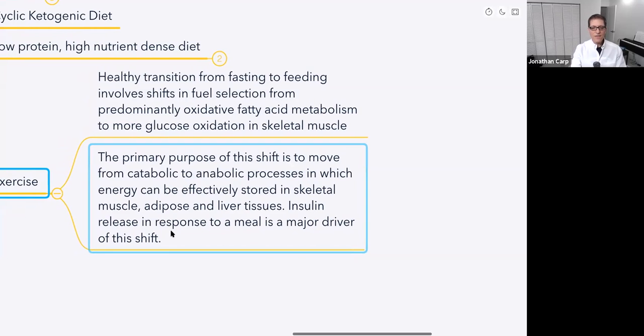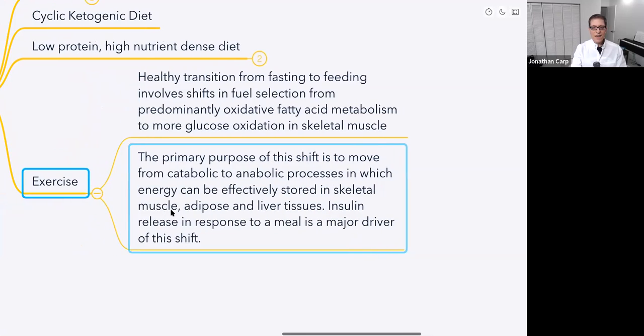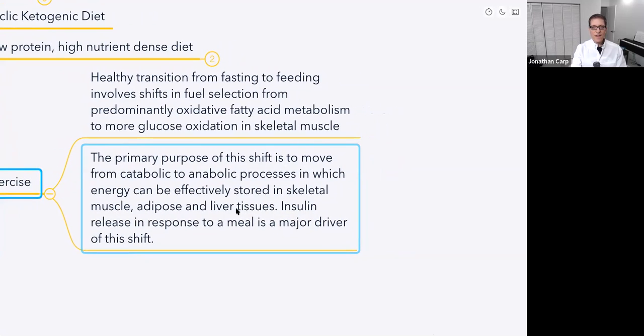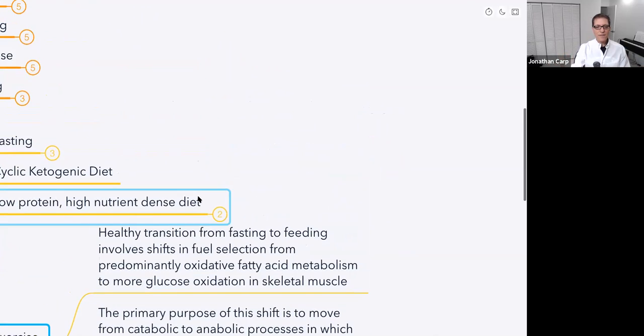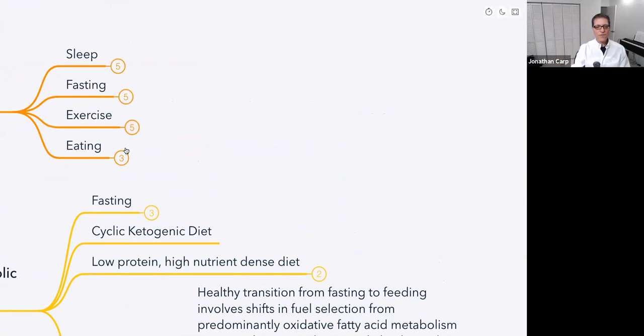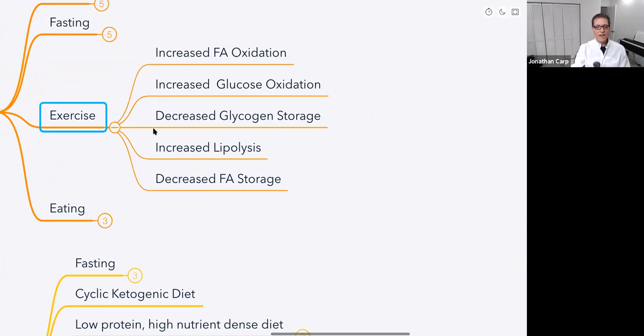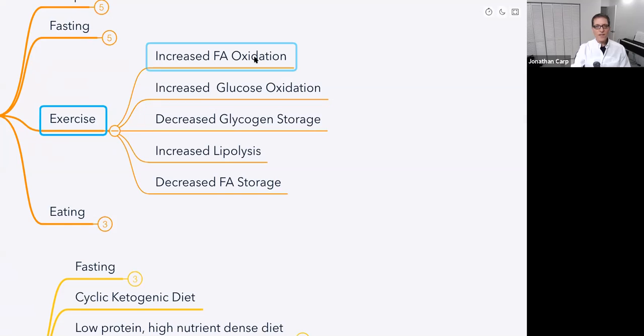Now, with exercise, you're basically using your muscles, which are this prime metabolic shifter, mover of your body. And that is going to, as we spoke about earlier, break down glycogen. If we go up here to exercise, your body is going to use fatty acids.